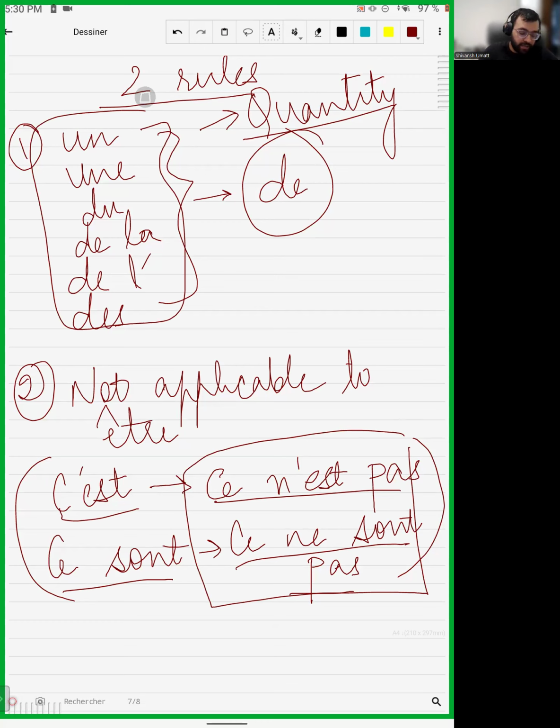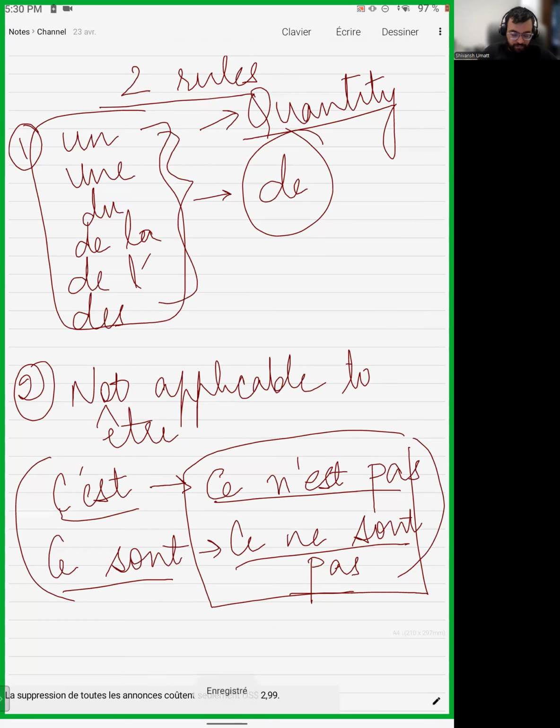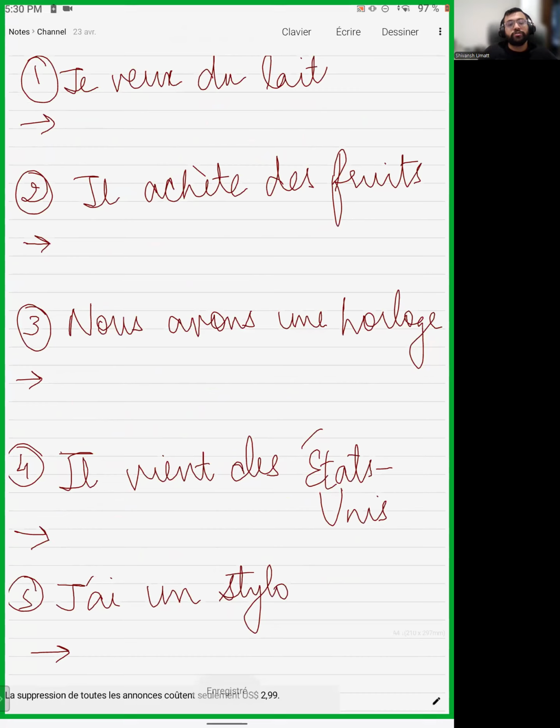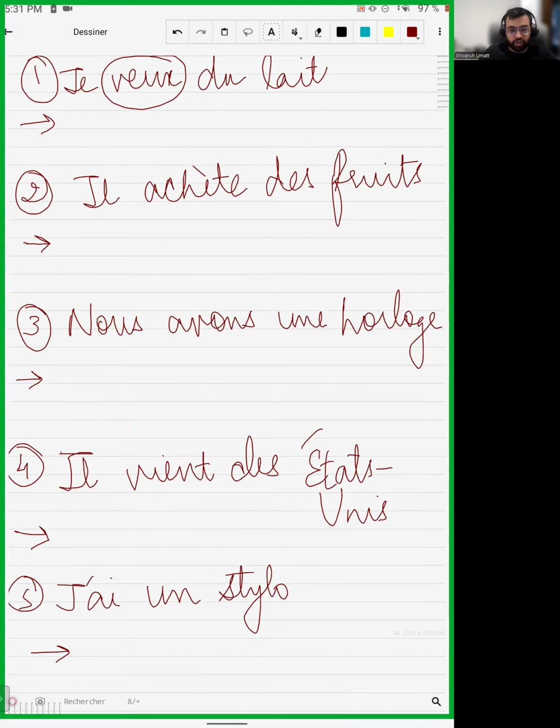Okay? Now let us take an example. Je veux du lait. Now, as I have already explained, the verb here is veux. Je veux. I want some milk. Je veux du lait. So before the verb, we put ne. After the verb, we put pas.